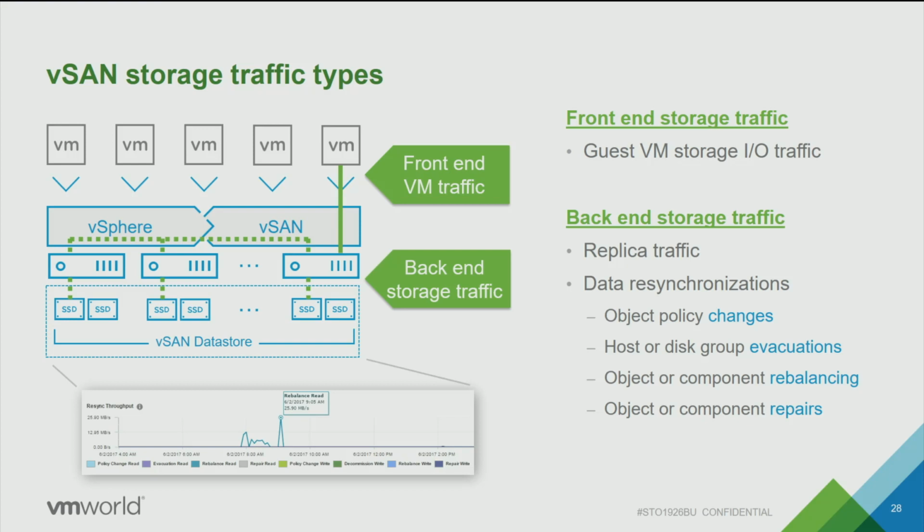Imagine, in the earlier example that John was showing, that you wanted to change a VM from a failure to tolerate of 2 to 3. Then it has to make another replica of that object, so that's going to kick off the effort to create that additional object.